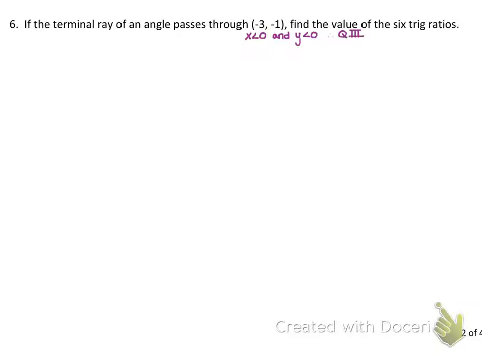So when drawing our triangle, it's going to look like that in quadrant 3. So this is the point. So we have negative 3, negative 1. We know that this is theta, and then we know that this is our reference angle of theta.